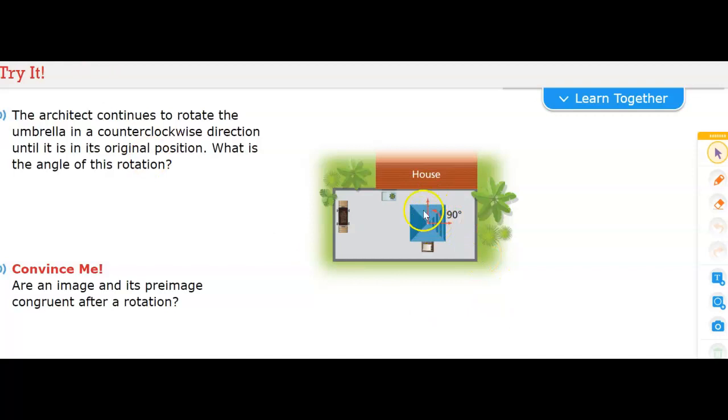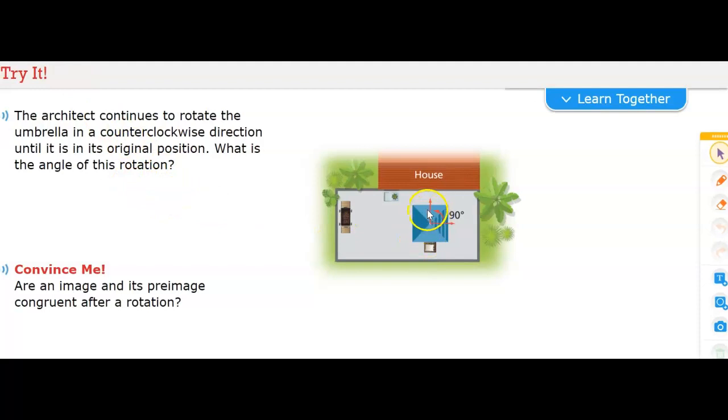It is a 90-degree angle, and it's going counterclockwise. So it's still going to be at that 90-degree angle if he continues to turn it from that position.